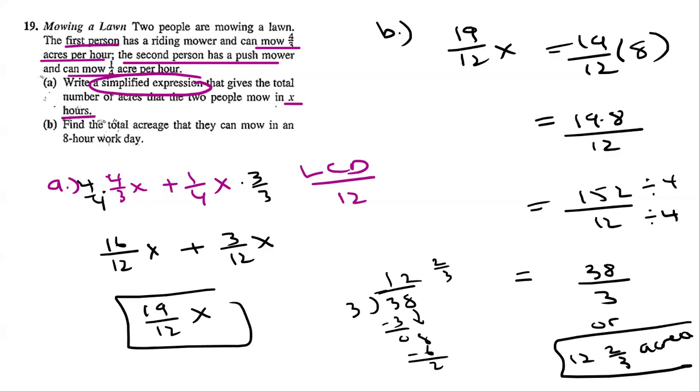I got the 12 and 2/3 by just dividing it. So just do long division here, and by doing this long division, I was able to get the 12 and 2/3.